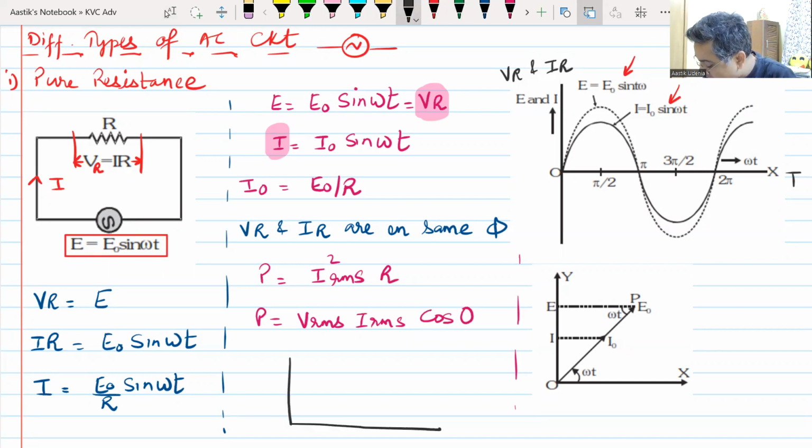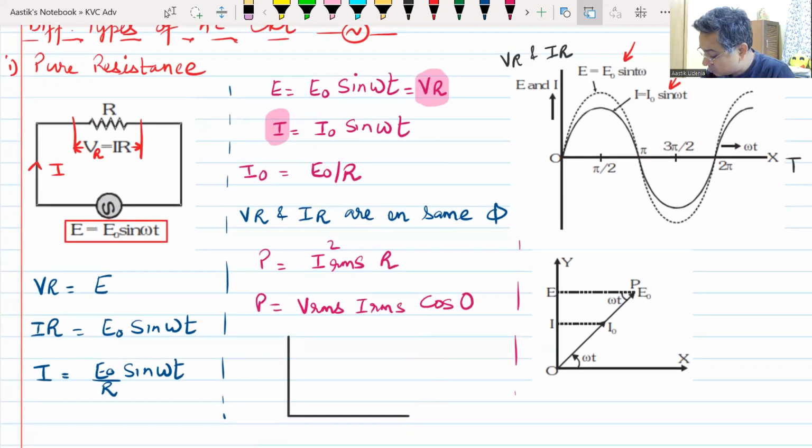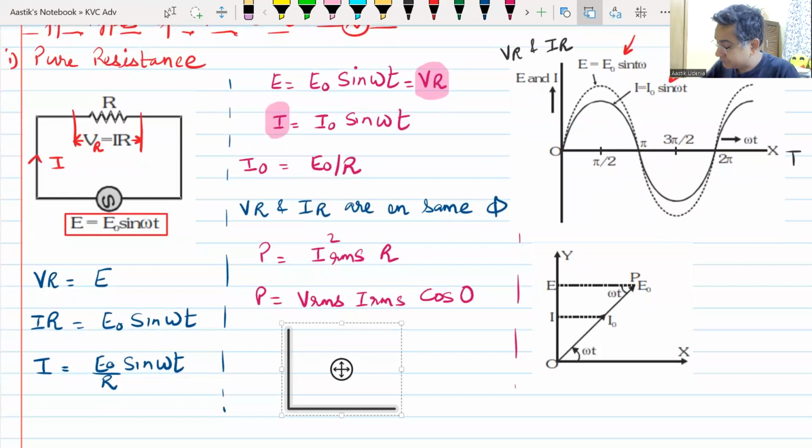I could have drawn the phasor diagram like this. This is your x-axis and y-axis. First, I will draw the phasor of voltage.